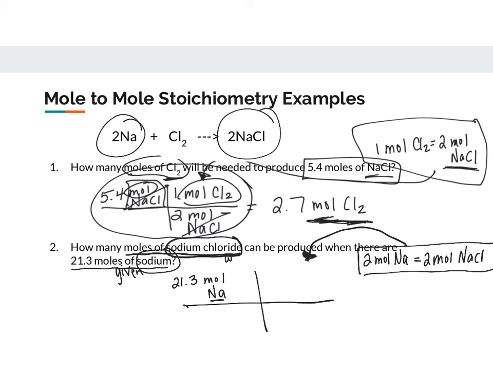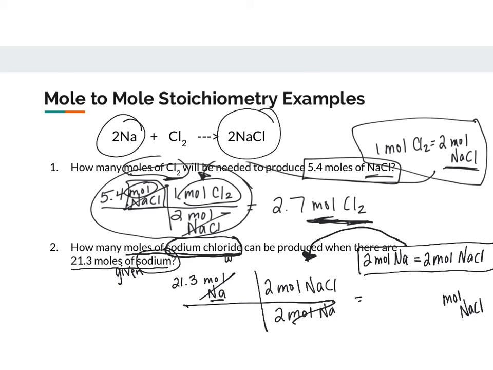So the 2 moles of sodium from my conversion factor are going to go on the bottom, and then my 2 moles of NaCl are going to go on the top. All right, so if I cancel everything out, so I have moles of Na gone, I'm going to be left with moles of NaCl as my unit for my answer.